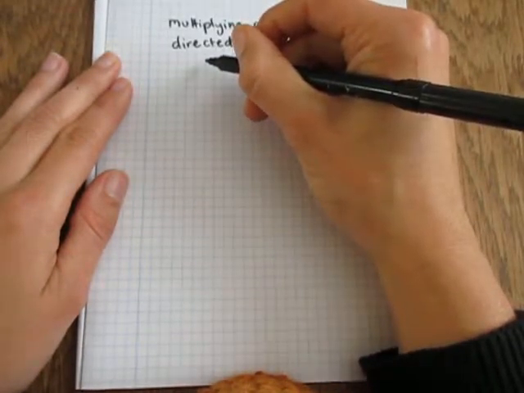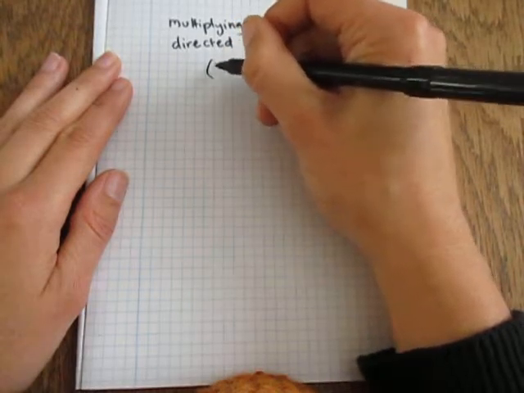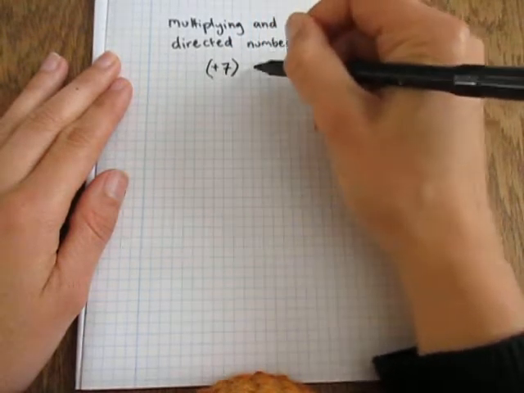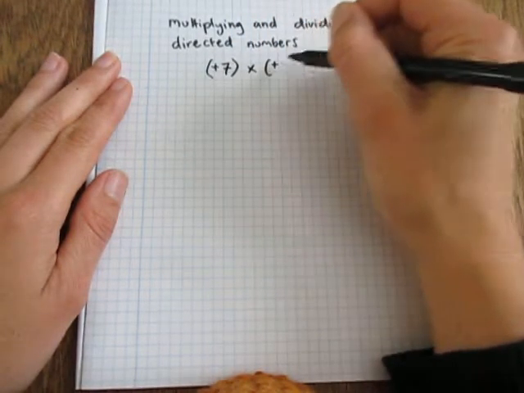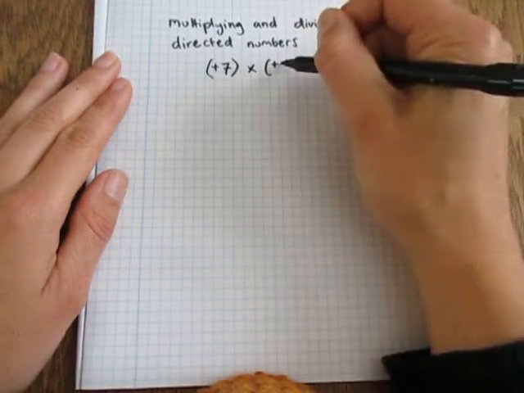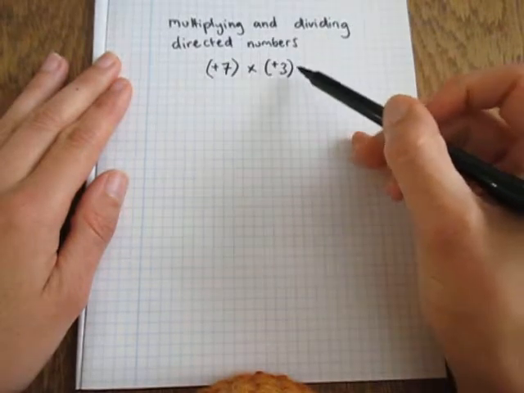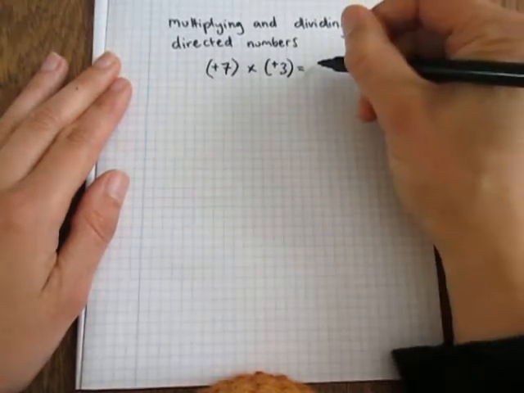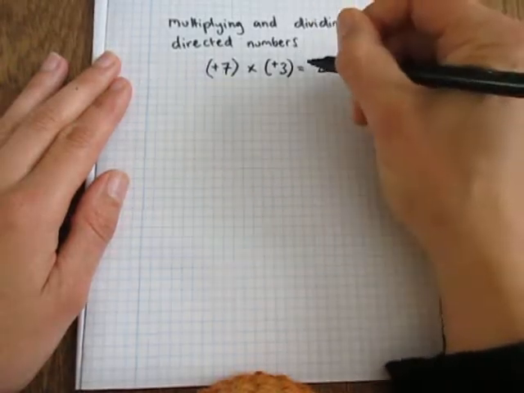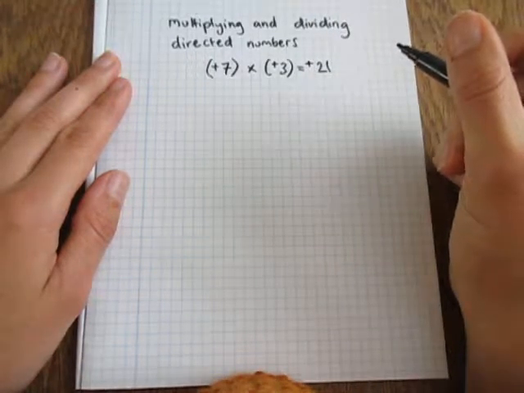So if you have two positive numbers, positive 7 multiplied by positive 3, the answer will be a positive, and you're just going to multiply them as you ordinarily would. So you have 21, and it's a positive.